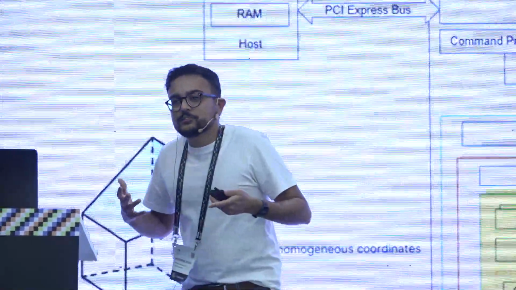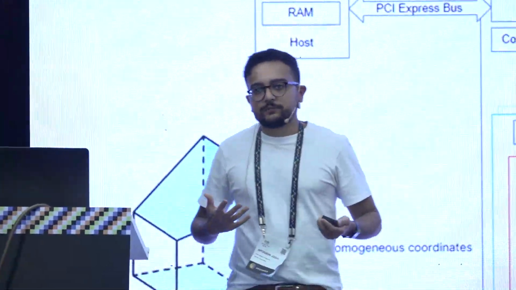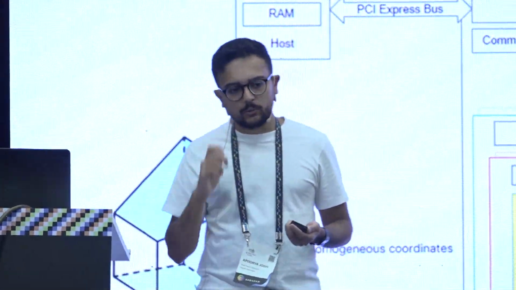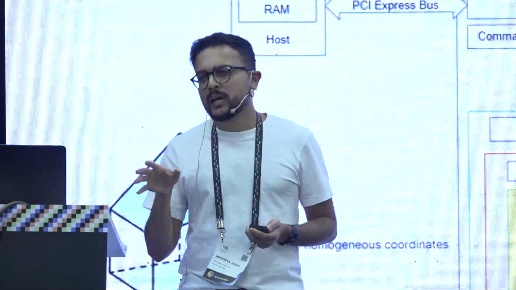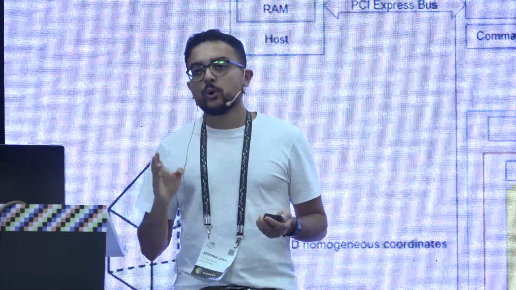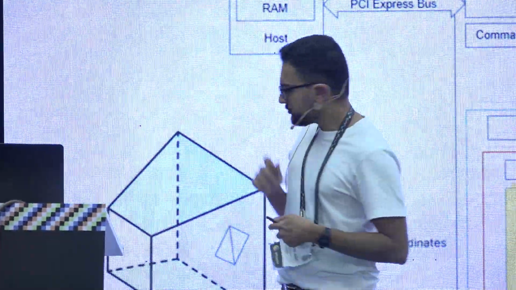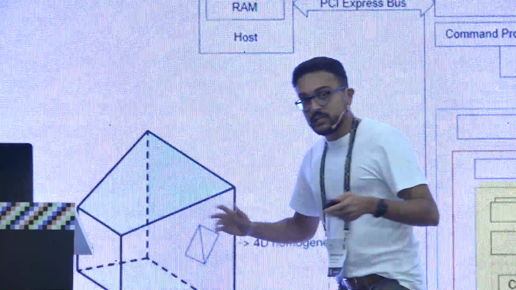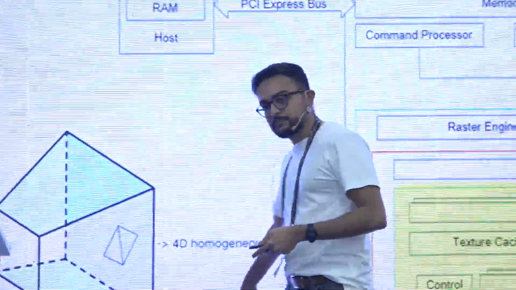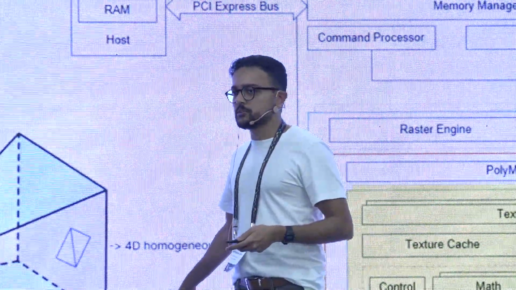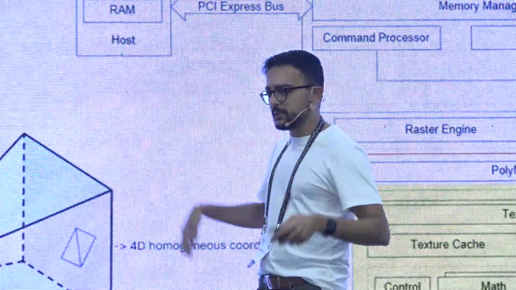There's quite a lot of mysticism behind these 4-dimensional coordinates. I won't go into too many details, but you will understand why we go into the 4th dimension shortly. The output of this is called clip space, and that's all the GPU really cares about. It doesn't care about object space or whatever.